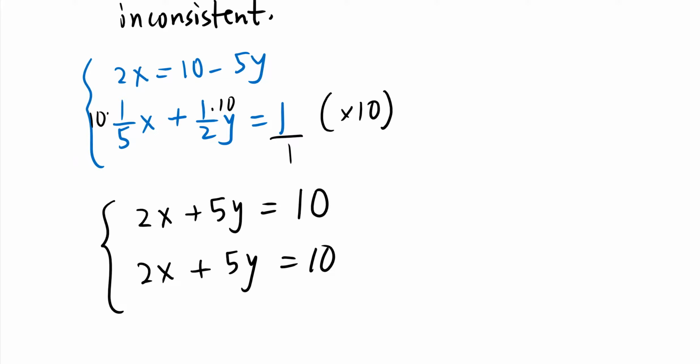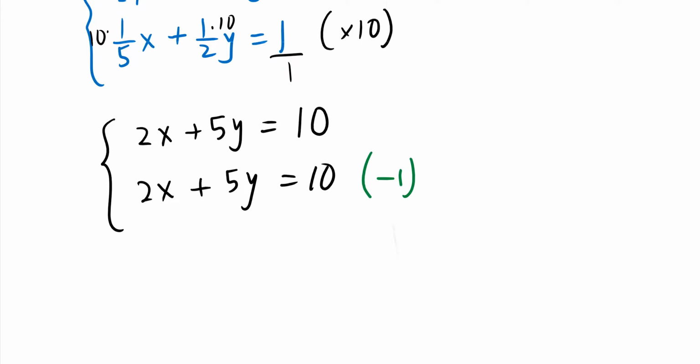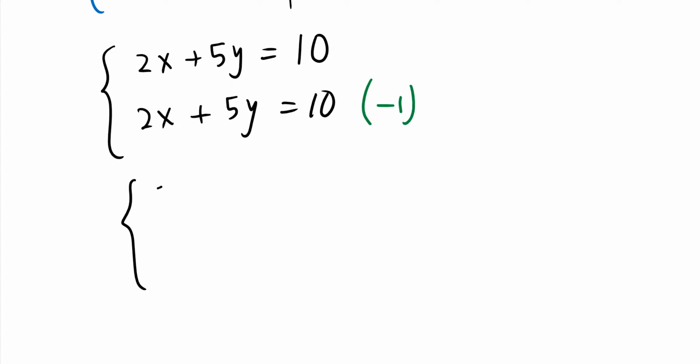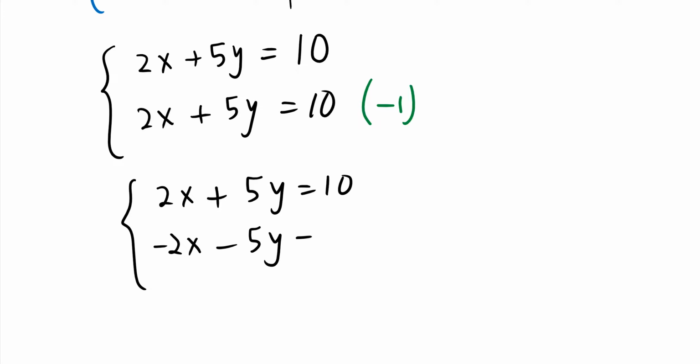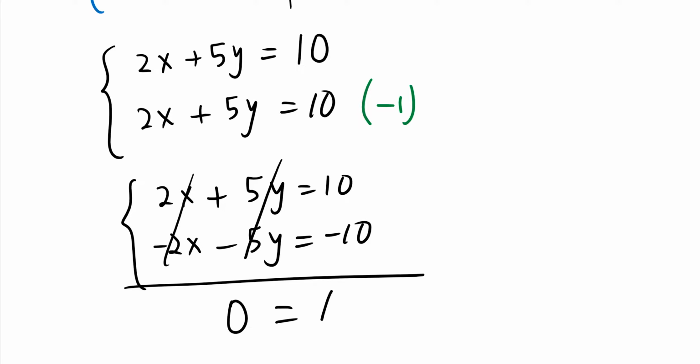Okay, so let's say I want to multiply this by -1 to eliminate the x's or the y's. What do we get? The first equation stays the same. Copy it down. The second is -2x minus 5y equals -10. Add them and everything cancels, so 0 equals 0. What does that mean, 0 equals 0?